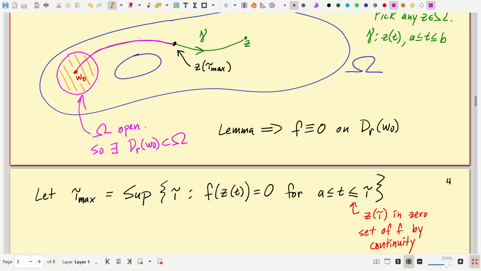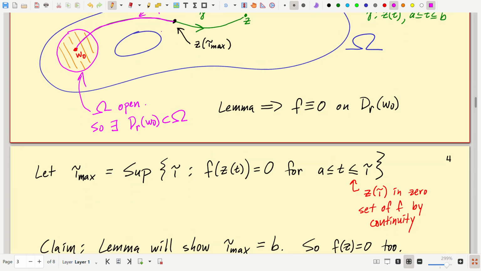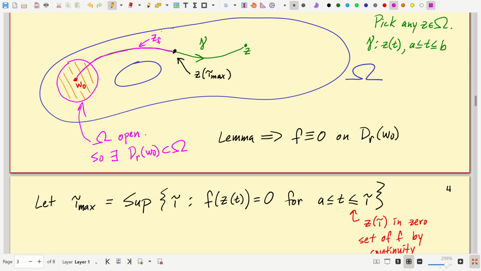So this would be included in the 0 set of f. And so you see that the zeros pile up at z of t max. That means there's a disk that I can stick around there, by the lemma, where the function's identically 0. So that's a picture proof.